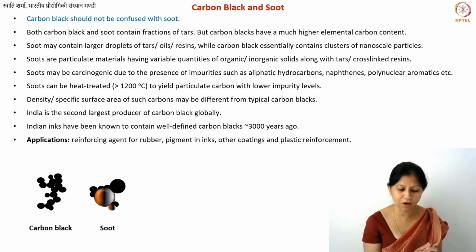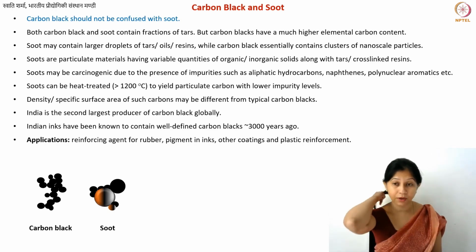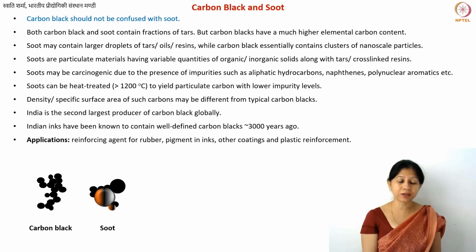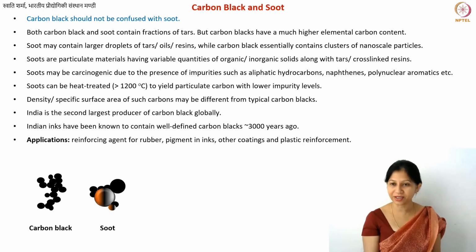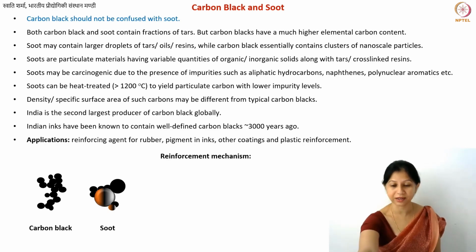Many plastics or polymers, for example, PVC, polyvinyl chloride, are often reinforced with carbon black. Also for research purposes, if you add carbon black particles into certain polymers, of course, the mechanical strength increases. So this can be used in composite materials, but also the electrical conductivity increases. So for that purpose also, you have to optimize the fraction of carbon black in your polymer, but for multiple applications, these particles are used.